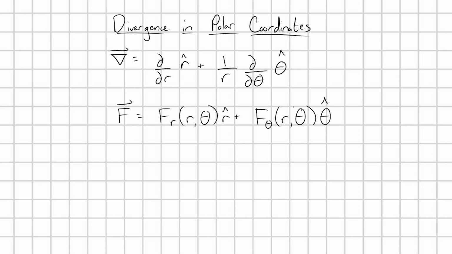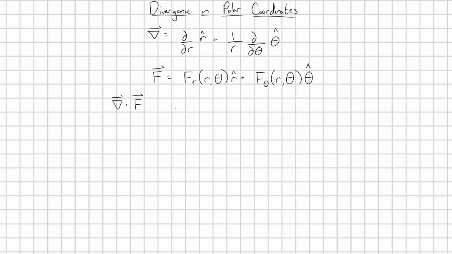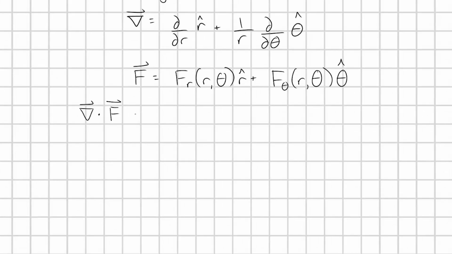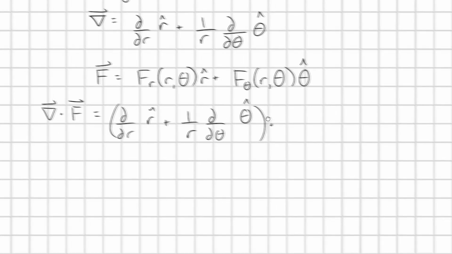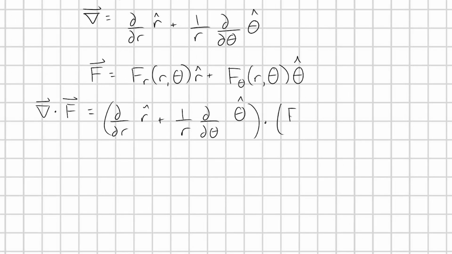This is just an arbitrary expression for a vector field. We're going to figure out what the divergence, or nabla dot F, is. So let's calculate this out. We just have to take d/dr r hat plus 1 over r d/dtheta theta hat, and we dot it with my arbitrary vector field F_r r hat plus F_theta theta hat.